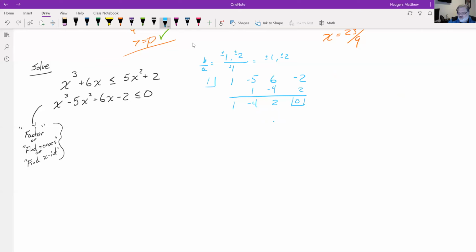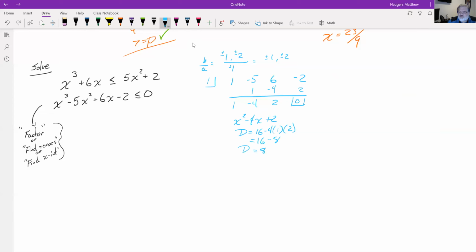So what about this x squared minus 4x plus 2? It doesn't look factorable, so quadratic formula, right? So that discriminant, 16 minus 4 times 1 times 2, is 16 minus 8. So our discriminant is 8.